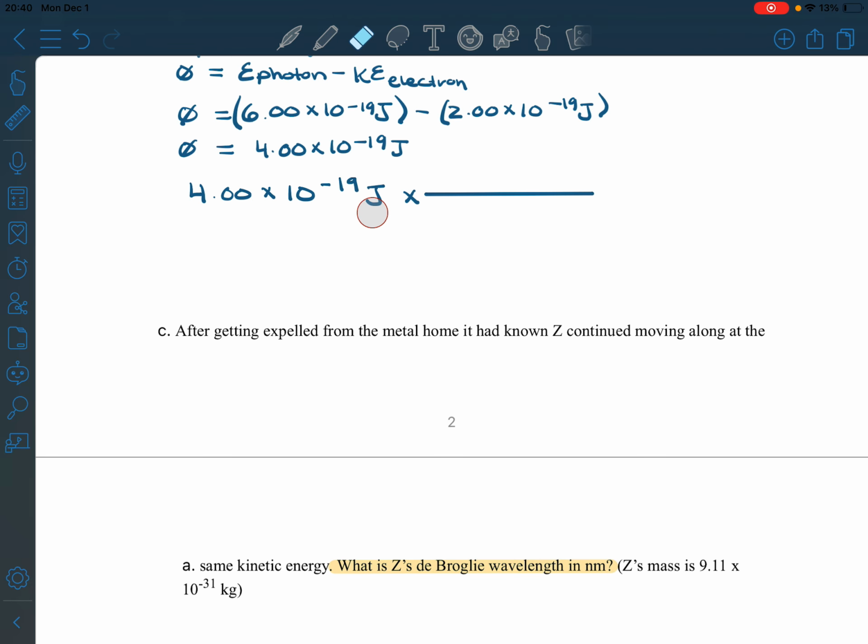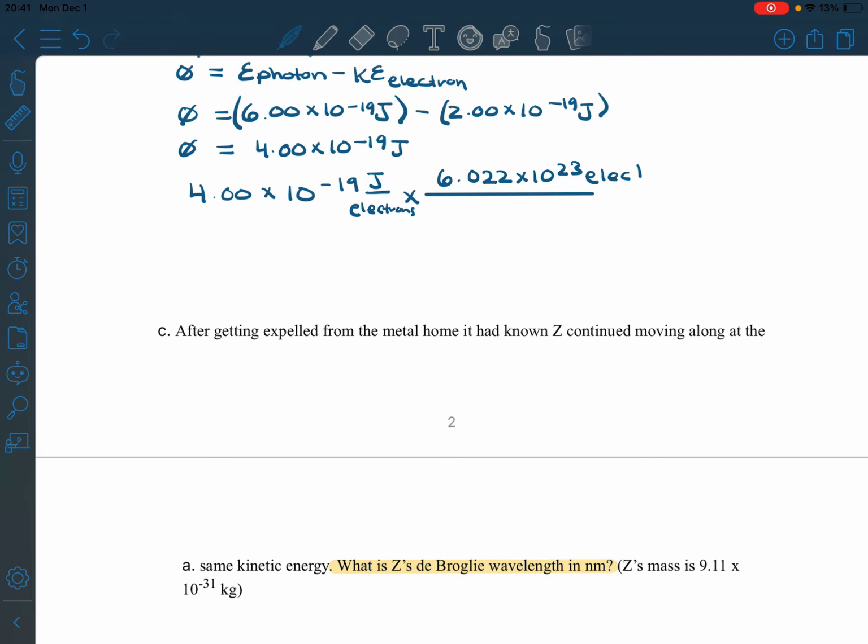Because what this is really saying is joules over electrons, and I want to get rid of the electrons. Because this is joules per electron, I'm going to put my electrons on the top. So I have this many electrons, or things.